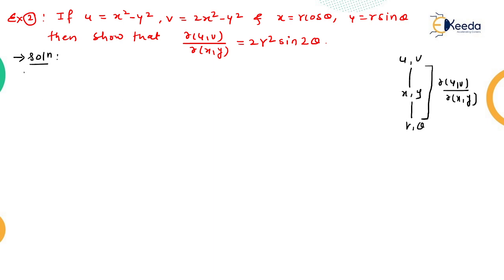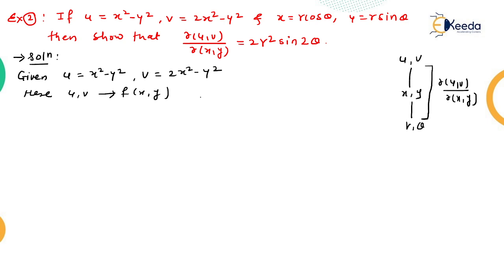So given u is equal to x square minus y square, v is equal to 2x square minus y square, right? So I am writing here u, v are the functions of x, y, right?